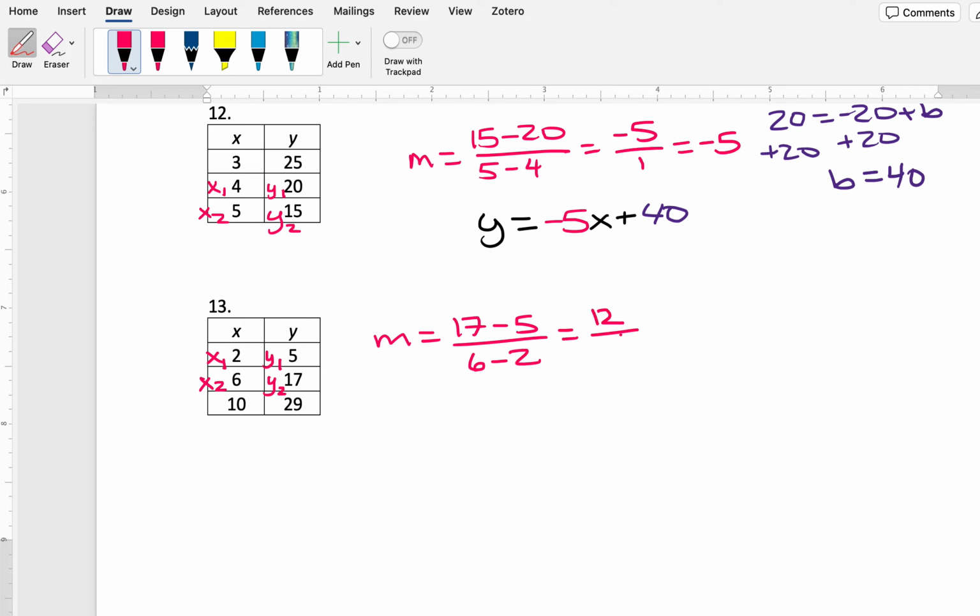So essentially, this is just a formula way of writing out what I had just talked through. I'm changing 12 units in the y direction for every 4 units in the x direction, and 12 divided by 4 is 3. So 3 units in the y direction for every 1 unit in the x direction.